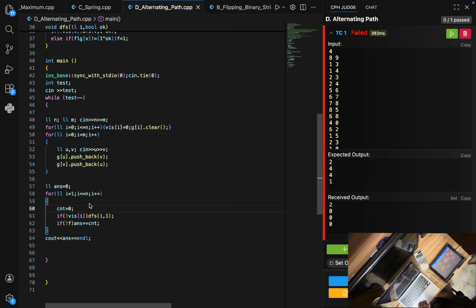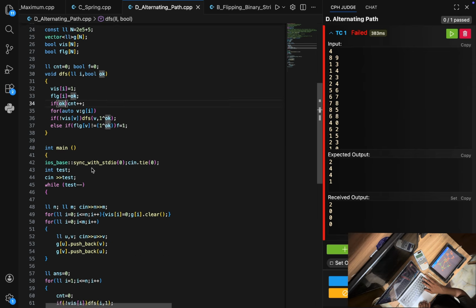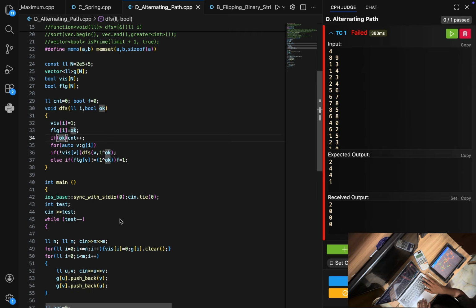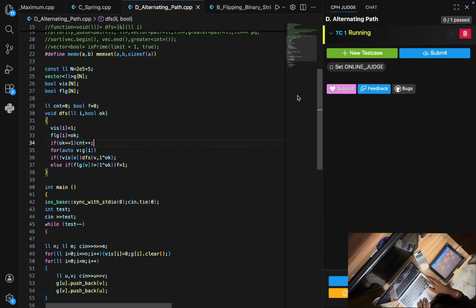If not visited, if okay equal, yeah, I'm pushing one actually. If okay equal to one, count plus plus, it should give me plus.